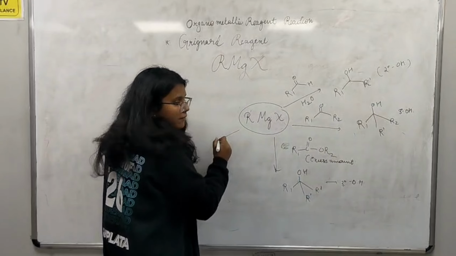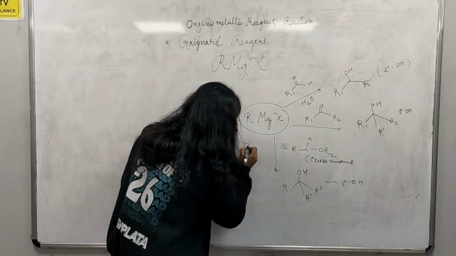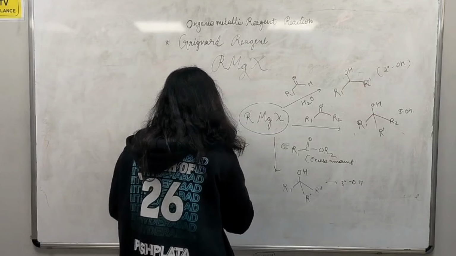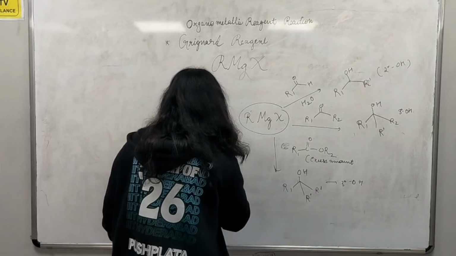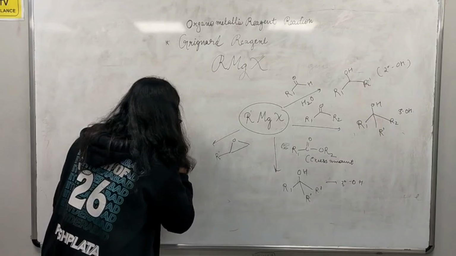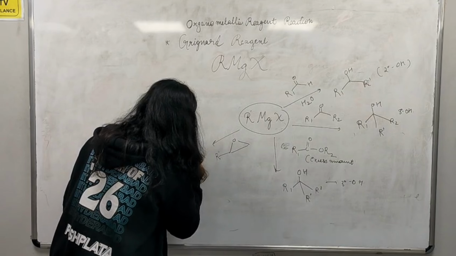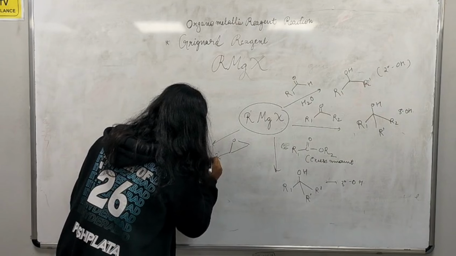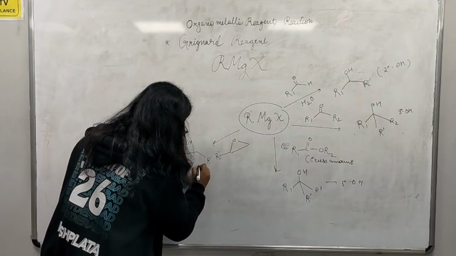Next, we have discussed the ring opening of epoxide, which also gave us 2-degree alcohol.